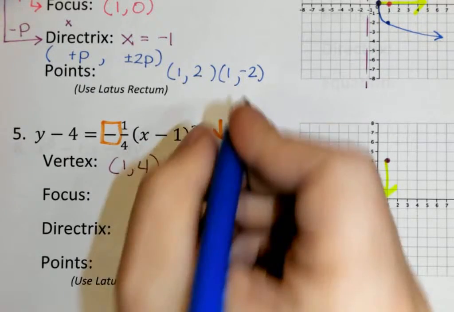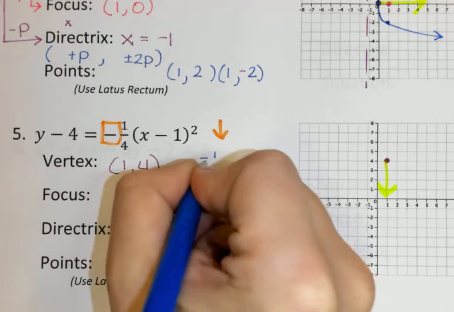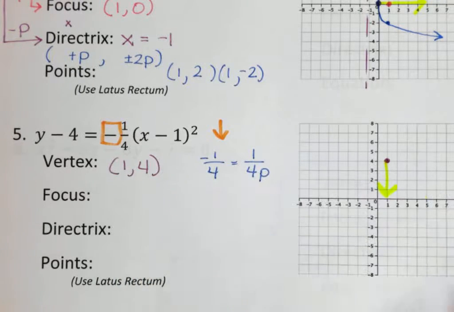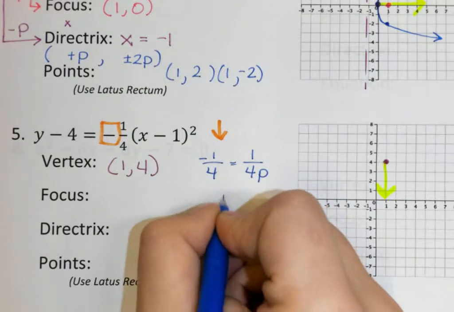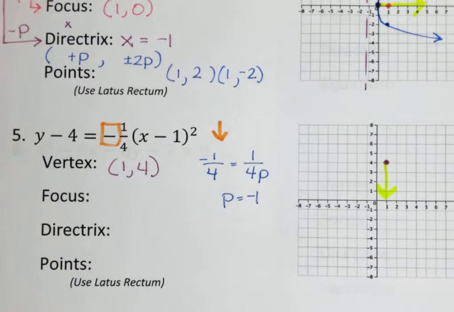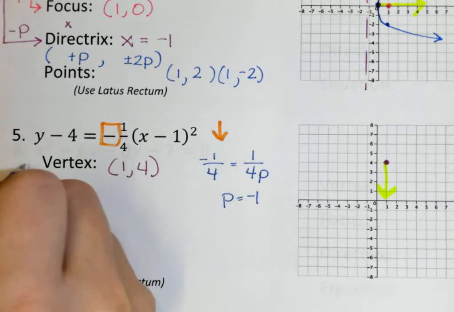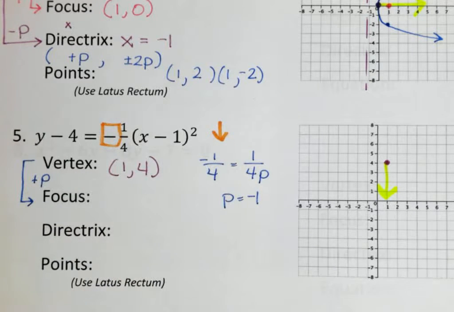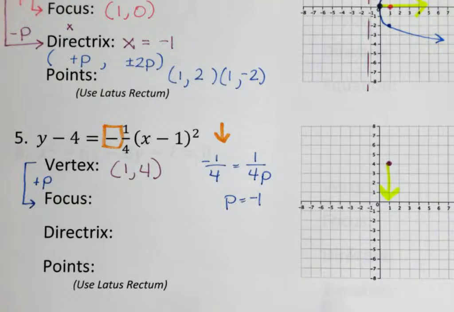So if I have -1/4 is equal to 1 over 4P, what is P? -1. So from the vertex to the focus, we are still adding P, and I'm going to add it to which coordinate?